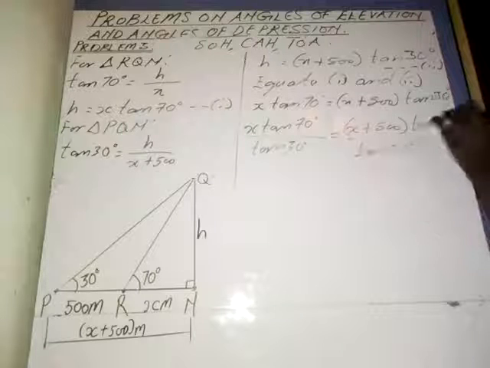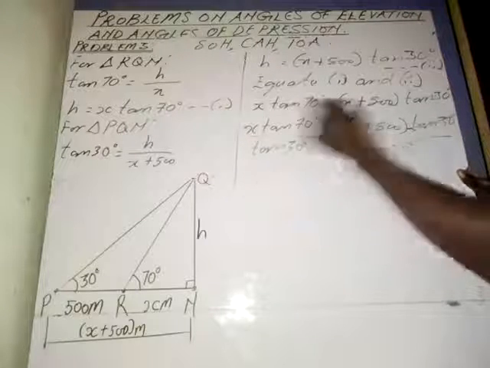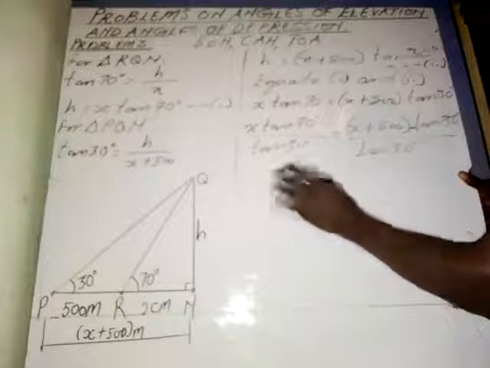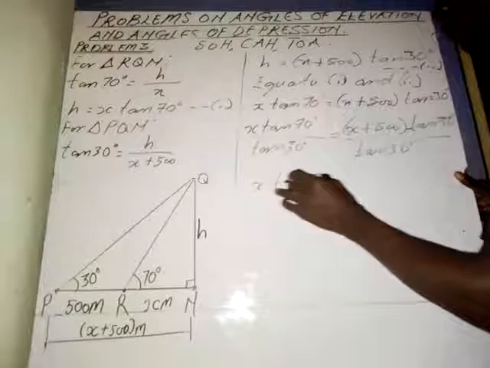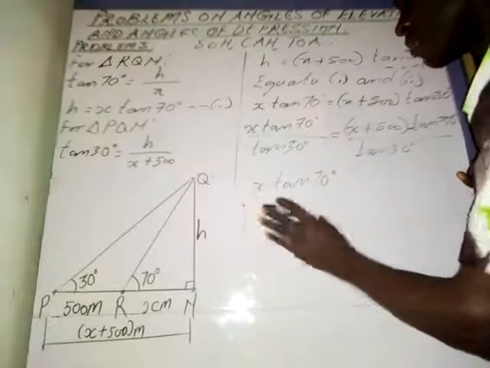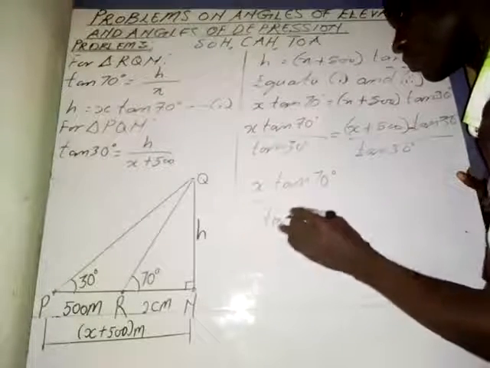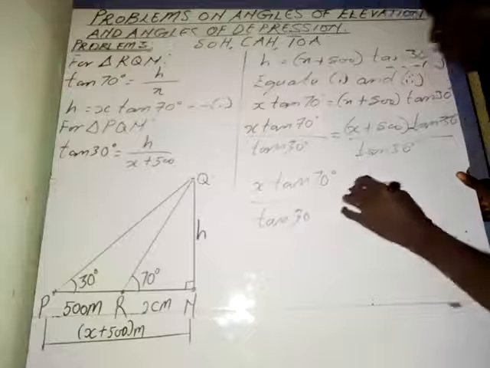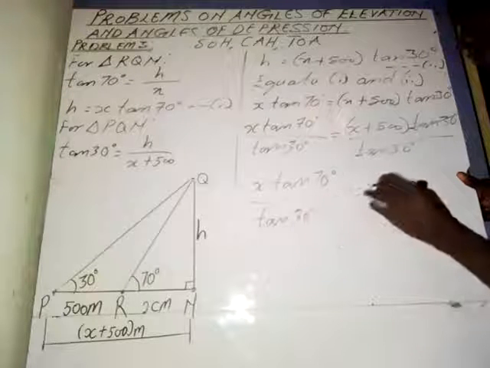So this will cancel this. So then we have X tan 70 degrees over tan 30 degrees, which is equal to X plus 500.